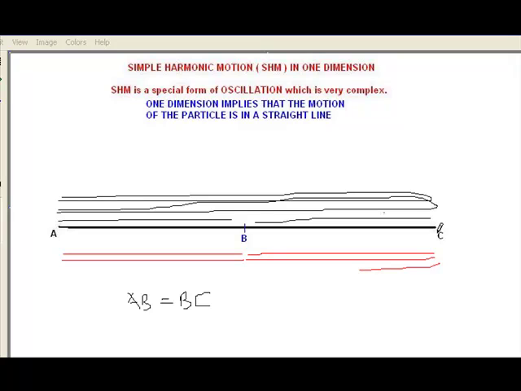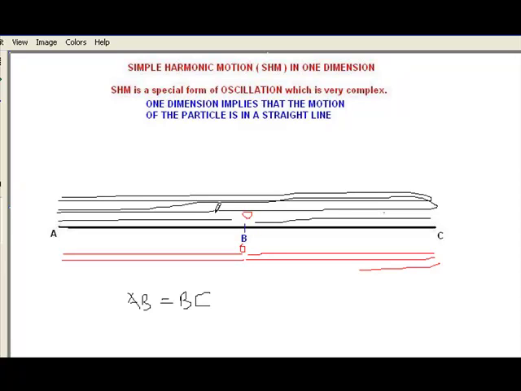And as it returns from C to B, again at point B, its speed becomes maximum, but in the reverse direction. And this maximum here and this maximum here, they are the same, but only in the opposite direction.